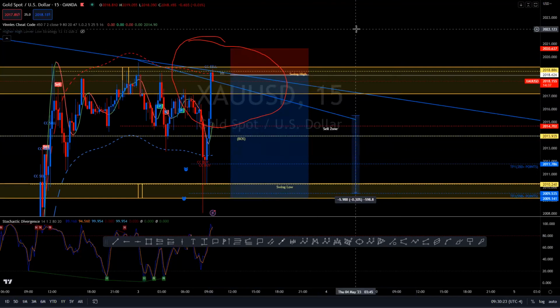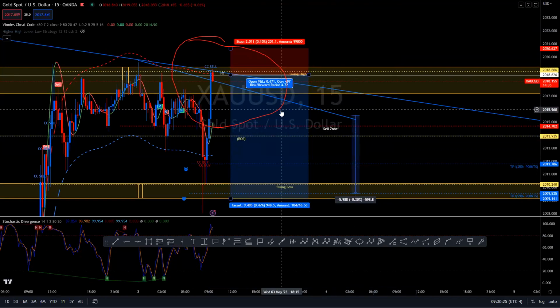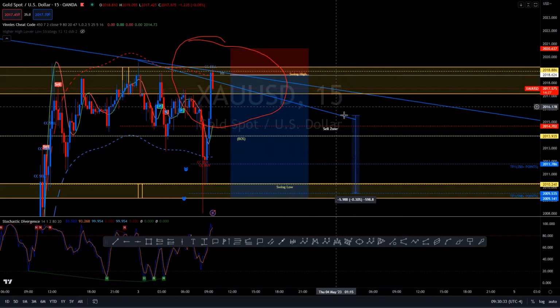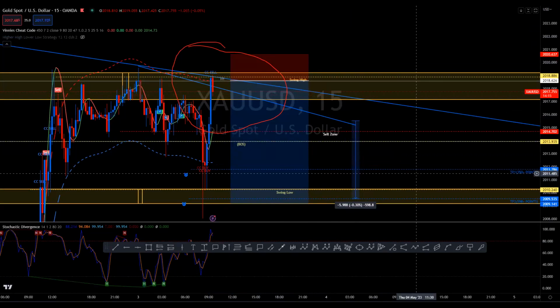Might be ready to go now. And I see it's dropping already. We want to strictly watch this price action. We'll see if we get a score today. Just watch it.